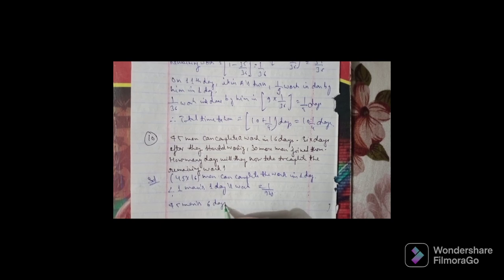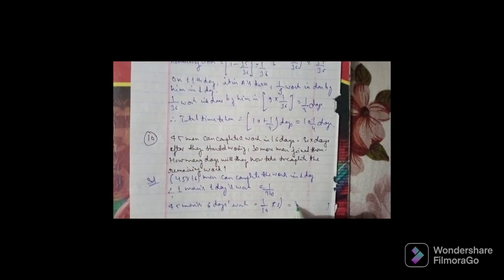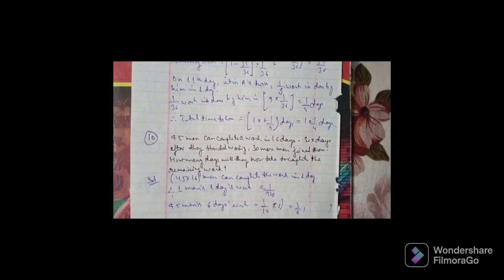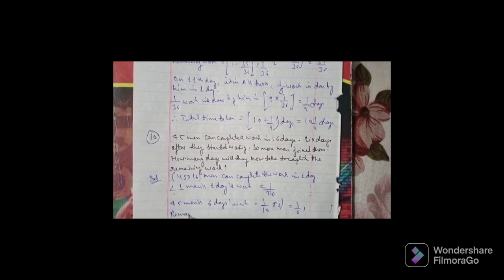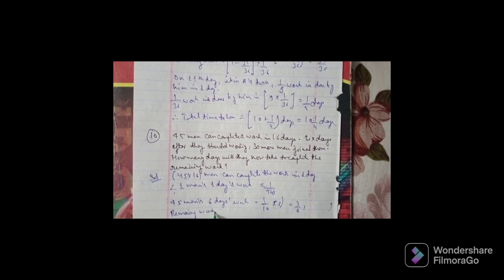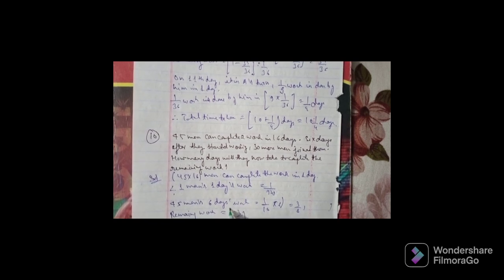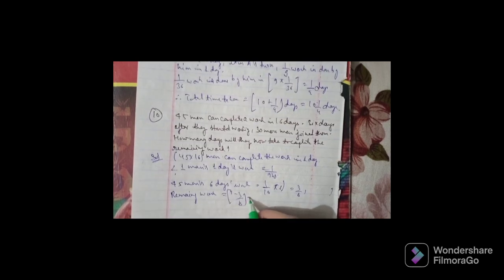Six days work equals to 1/16 into 6, that is equals to 3/8. Remaining work equals to 1 minus 3/8 equals to 5/8.